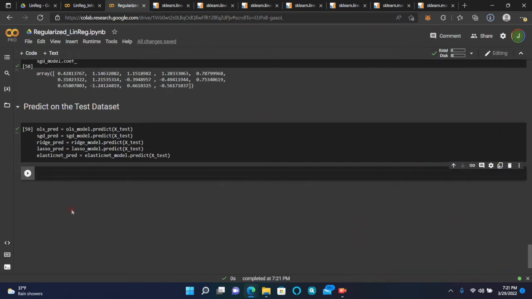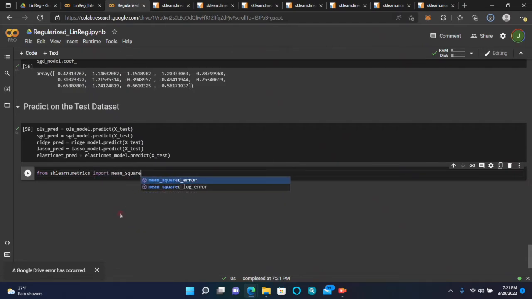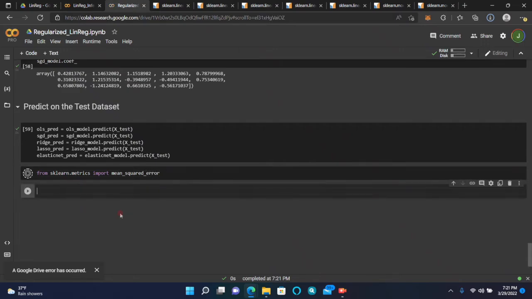And, well, what should we do? Does plotting make a lot of sense? Not really, no. Alright, let's get a way to score them, shall we? So from sklearn.metrics, let's import mean squared error. How's that sound? And what we're going to do is compare mean squared errors.